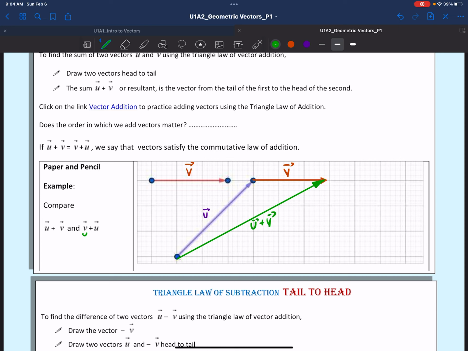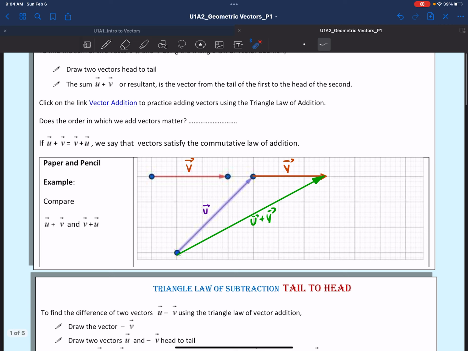In a similar way, we are going to find the sum of vectors v plus u. What that means is that we'll start with vector v, and then we'll add vector u to it. Let me bring vector v to the other side of the space, just so that we can use the space more efficiently.